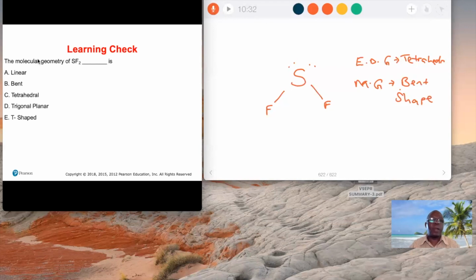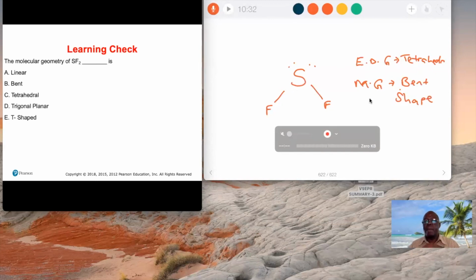Or what is the molecular geometry? What am I looking for? That's why on my whiteboard I gave you two answers based on how the question could be structured. Am I asking for the electron domain geometry? It could be the same molecule, but here underline the words molecular geometry and know how to use that table.